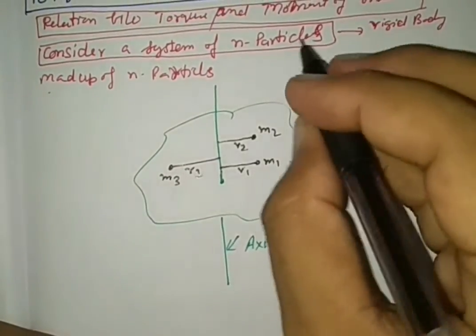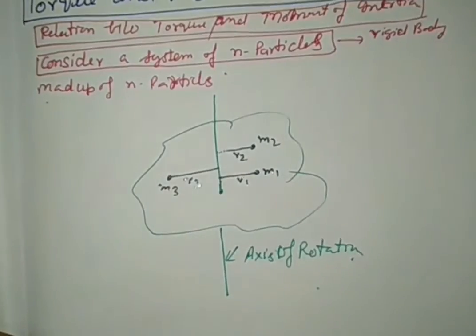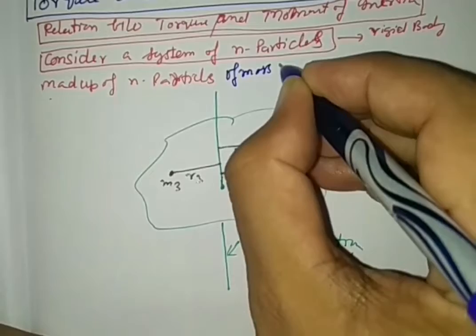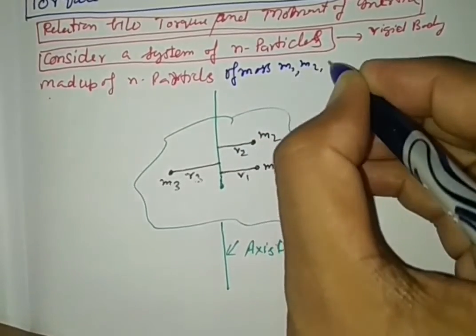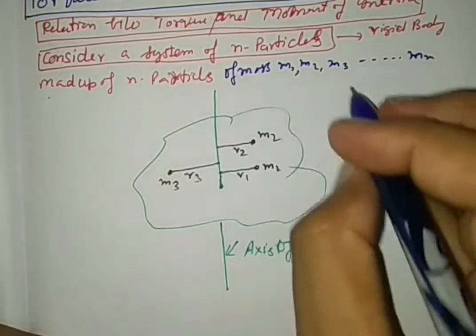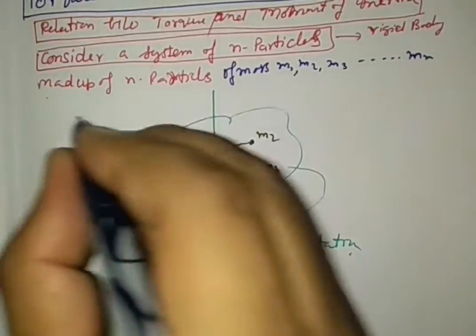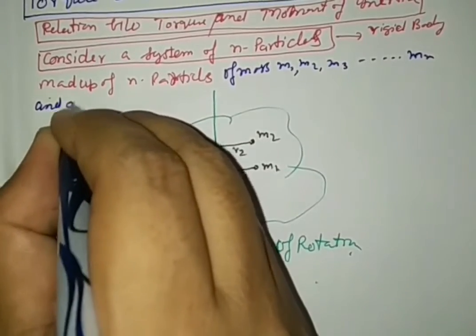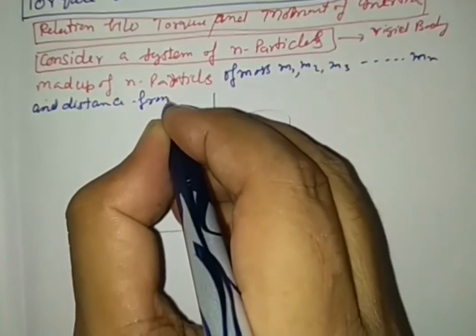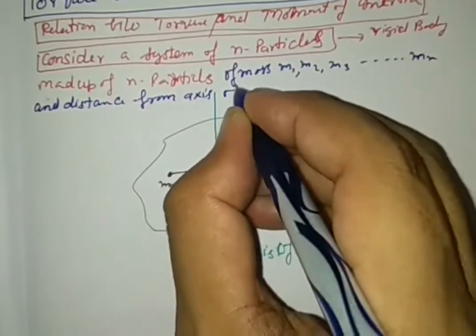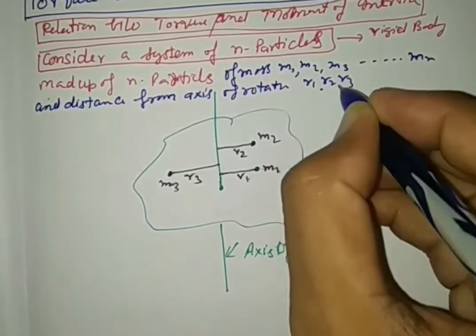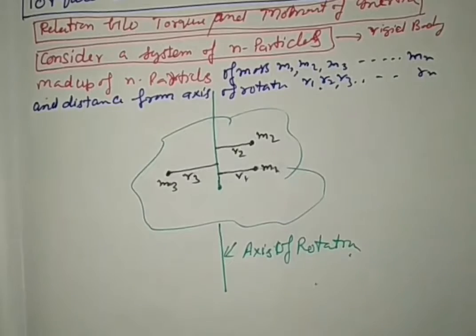So the n particles have masses m1, m2, m3 and so on up to mn, and their distances from the axis of rotation are r1, r2, r3 and so on up to rn.